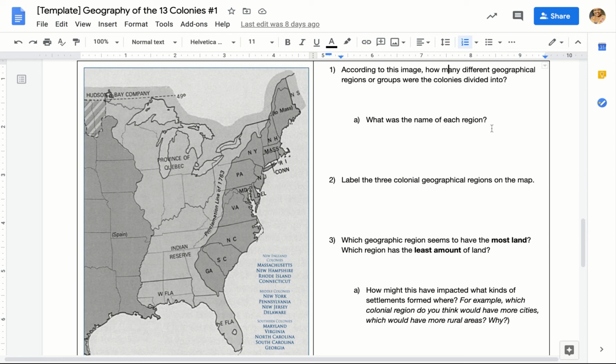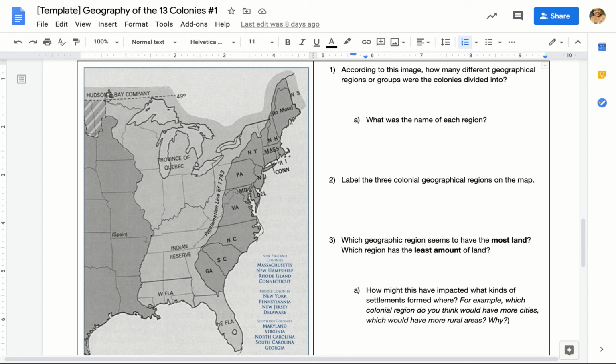And then once you've determined how many different geographical regions or groups the colonies were divided into, you're going to need to figure out what the names of those regions are, which you should be able to tell me because I've repeated them over and over again.